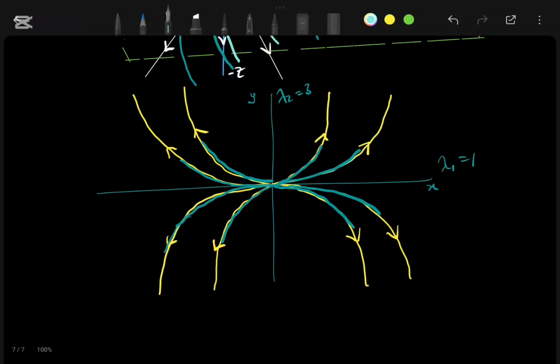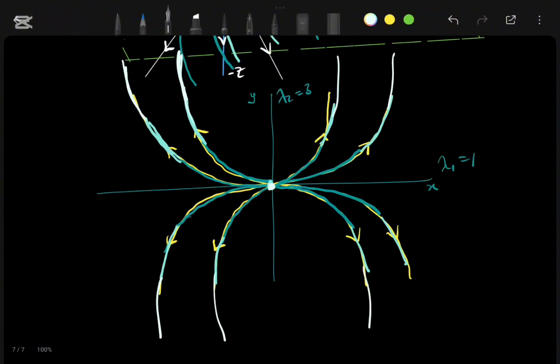The next one will also start from the origin, but will become a little bit bigger, overlapping this one. And the next one is also going to start from the origin and will also go outward, become bigger. So that's how our solution curve is going to be like. As it moves up, the bigger it becomes.